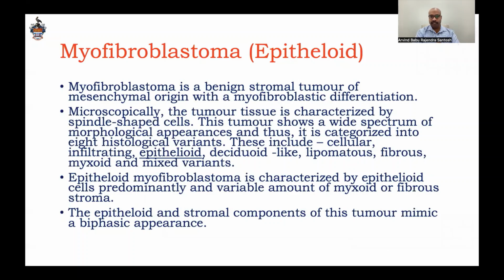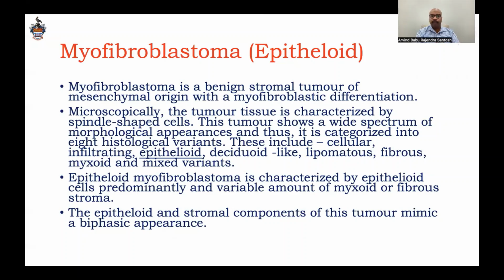One of the common ones is the epithelial variant, which shows an epithelial component and a spindle cell component, giving the appearance of two different cell populations, and that's why it was considered a mimicking tumor, because it's benign. Because of the two appearances, it was considered to be a biphasic appearance, but it is actually a mimicking tumor.